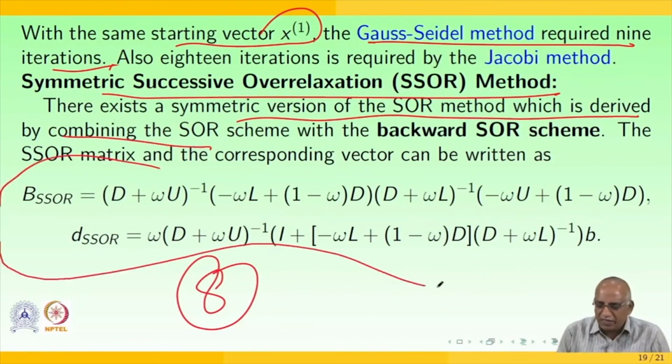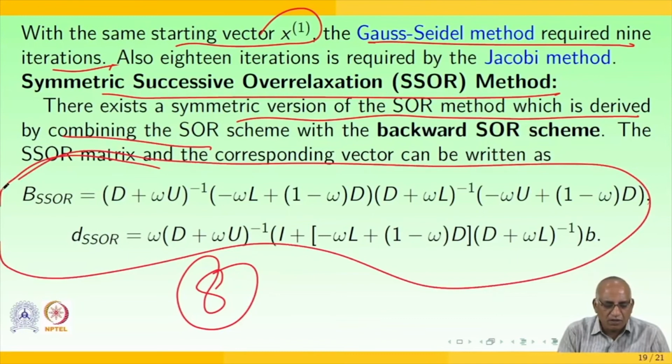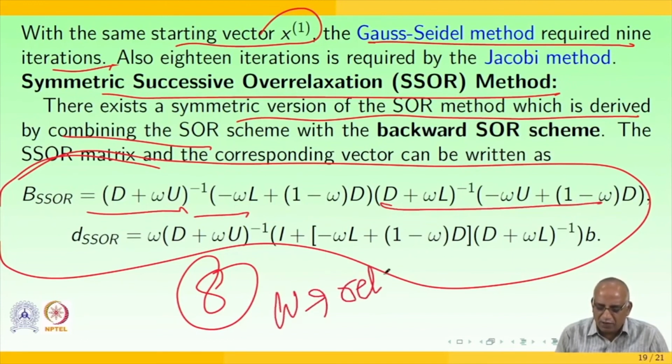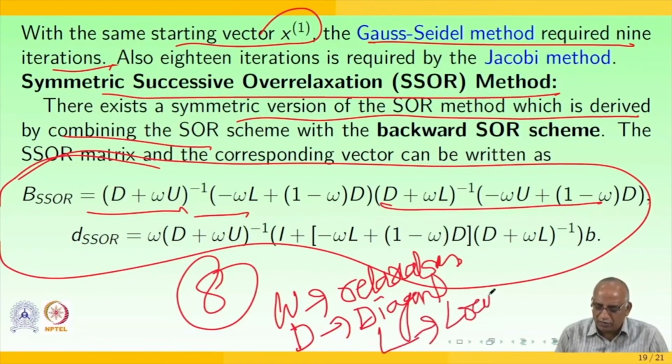So you do get a matrix of this form, (D + omega U) inverse omega L, where omega is the relaxation parameter, D is the diagonal matrix and L is the lower triangular matrix.